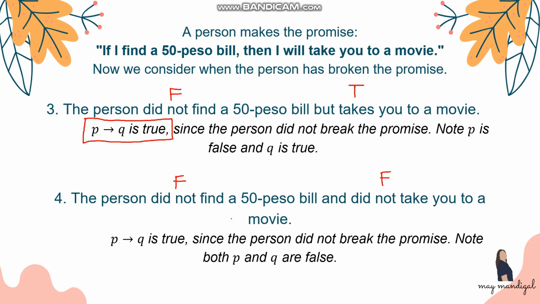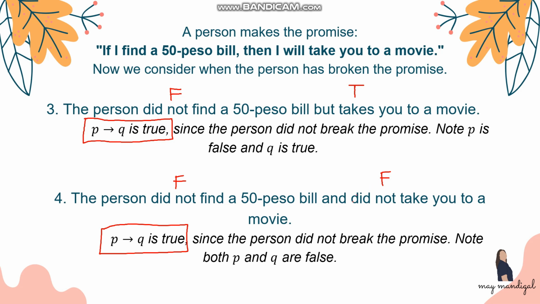But even though both our antecedent and consequent are false, the person did not break the promise, because the promise is that if the person finds a 50 peso bill, then that's the time that the person will take you to a movie. Since the promise was not broken by the person, that means our implication, or the conditional statement, is still true. So in this case, it will also be true given that the antecedent is false and the consequent is false.